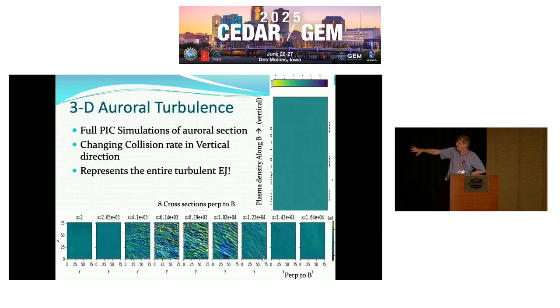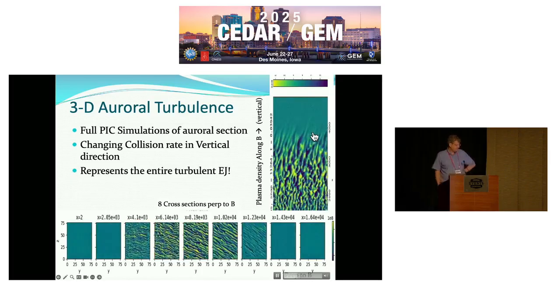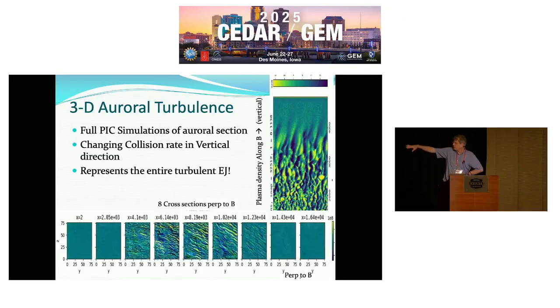You can see the waves change as a function of altitude, although they do talk to each other. They also have different wavelengths: longer wavelengths at the top, shorter wavelengths at the bottom. In the middle, you get a more turbulent field.